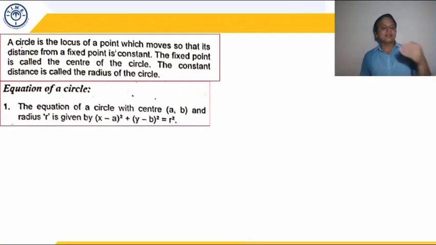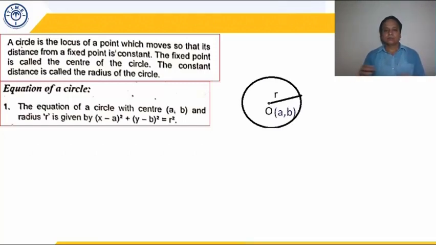So what is the general equation of a circle? If its center coordinates are a comma b and radius is small r, the equation is x minus a whole square plus y minus b whole square equal to r square, where r is the radius. So center is a comma b and radius is r.